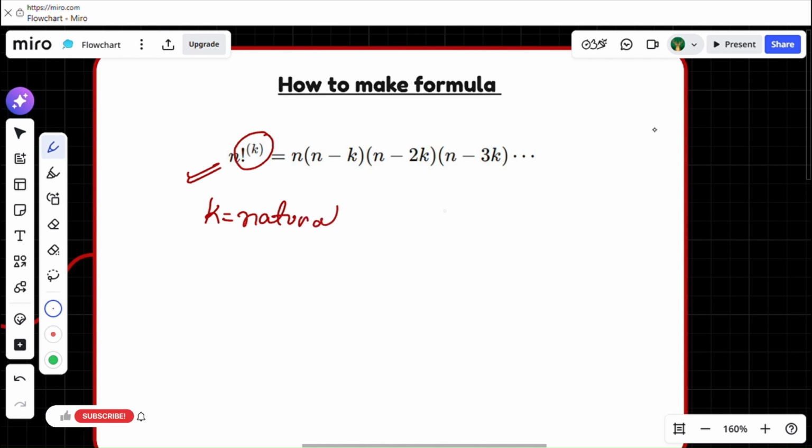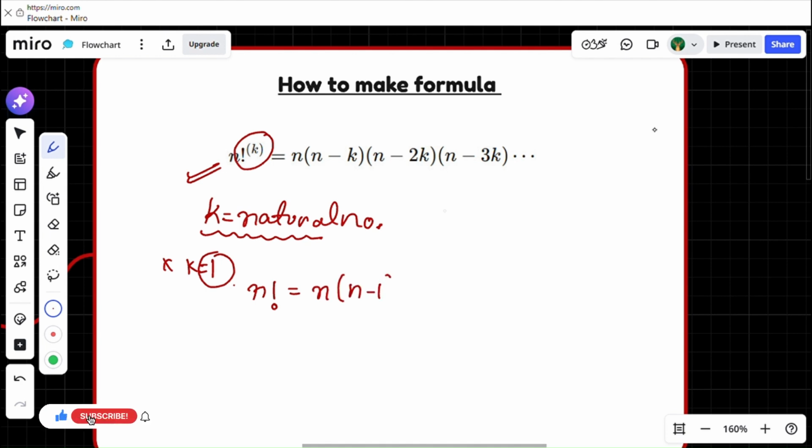Let k be equal to 1, so the number of factorial is 1. So n factorial is equal to n, n minus 1, n minus 2, n minus 3 and so on.